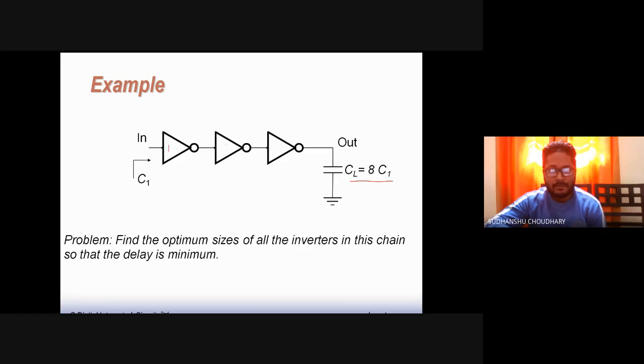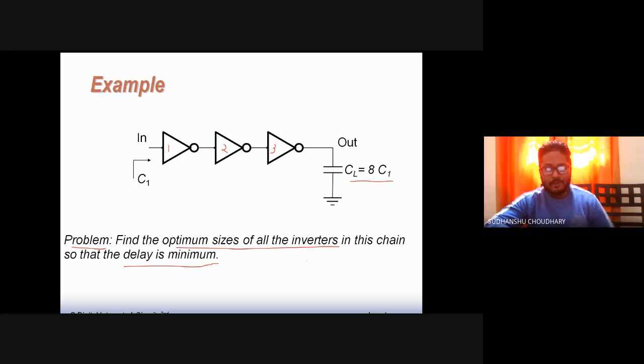Let us say inverters number 1, 2, and 3. So the load capacitance is given to me, and so is the relationship between the load capacitance and the input gate capacitance of the first inverter. Now the problem is to find the optimum sizes of all the inverters. There are only 3 inverters in this chain. We have to find out the optimum sizes of all the inverters in this chain so that the delay is minimum.